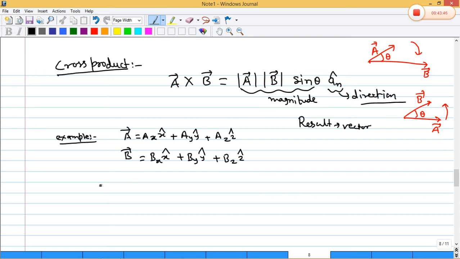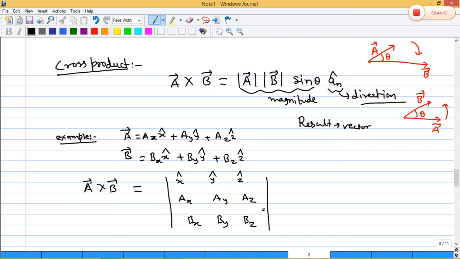Okay, so if I want to find A cross B, then we can use the determinant method. That one is x cap, y cap, and z cap. We have to write here Ax, Ay, Az, Bx, By, Bz. Okay. Now what will be the result of this determinant? We can solve it.